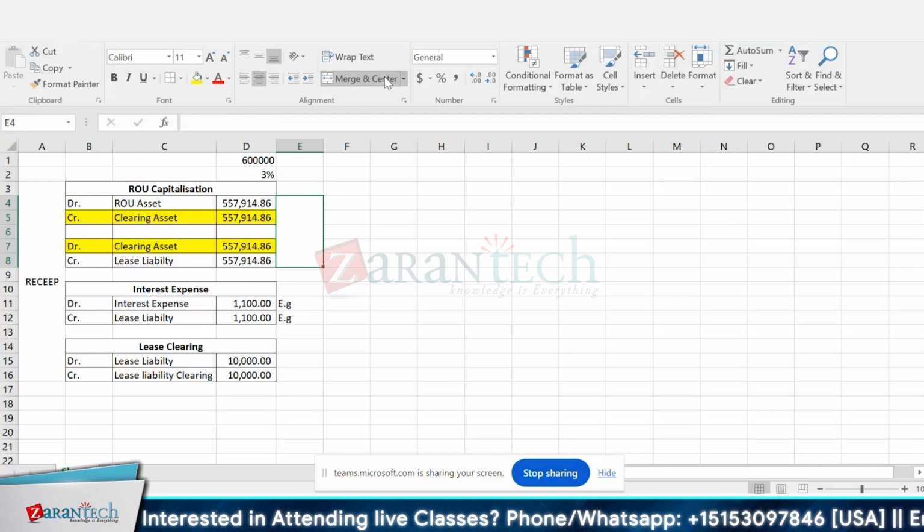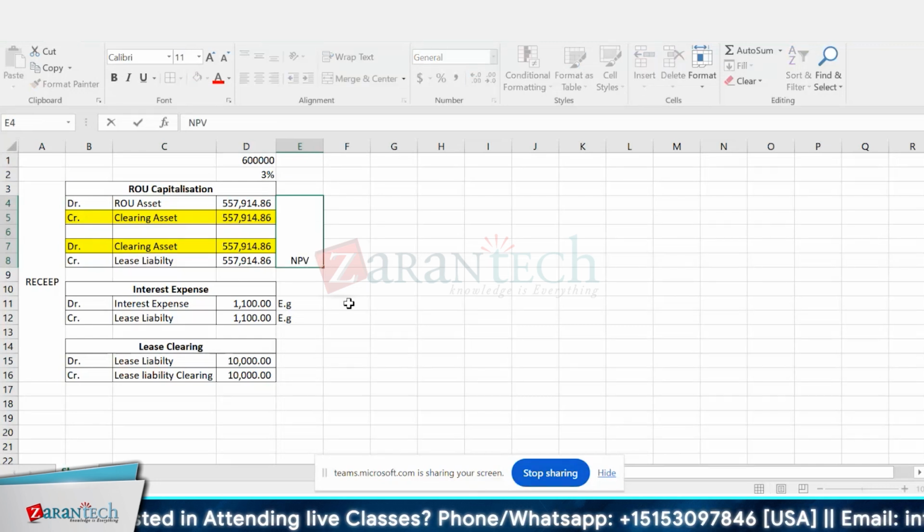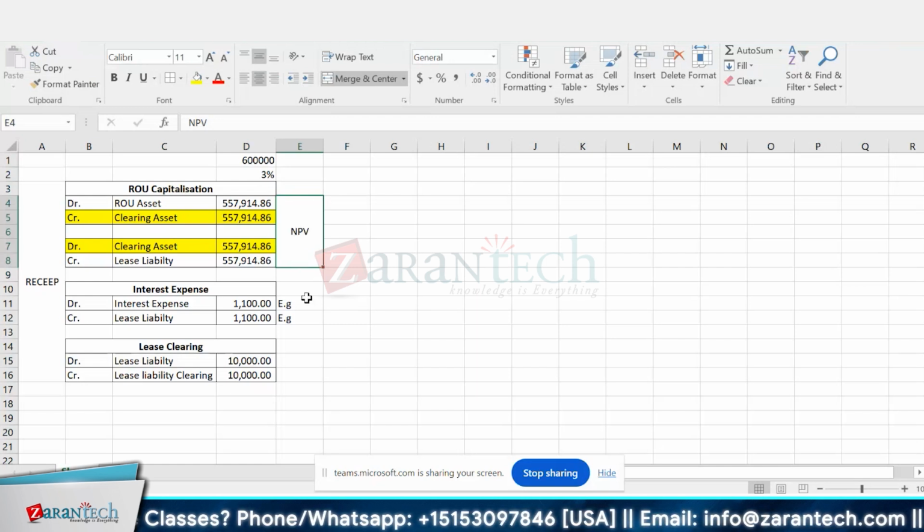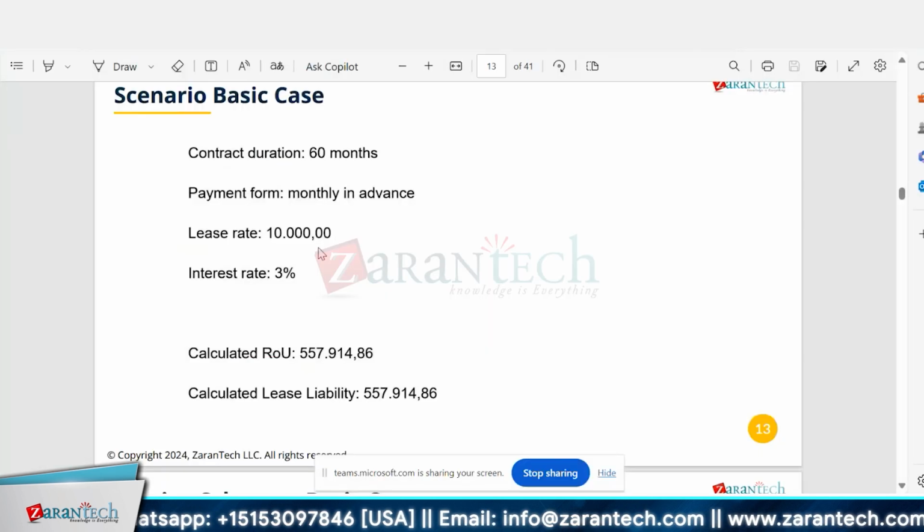Okay, you're almost there. But if you had to talk about this in business process terms, what you should have mentioned is, see, what exactly is written over here is monthly in advance, right? Payment form is monthly, in advance. Yes.